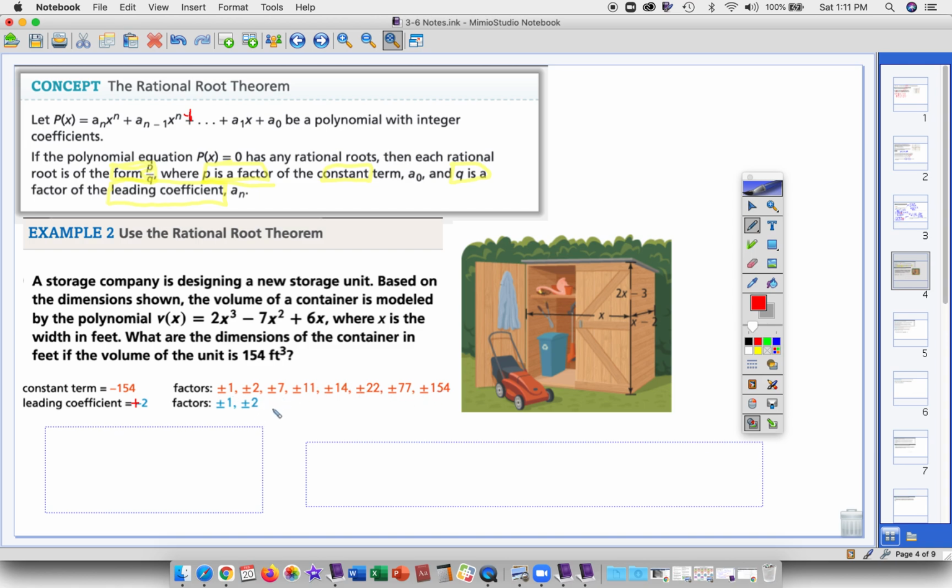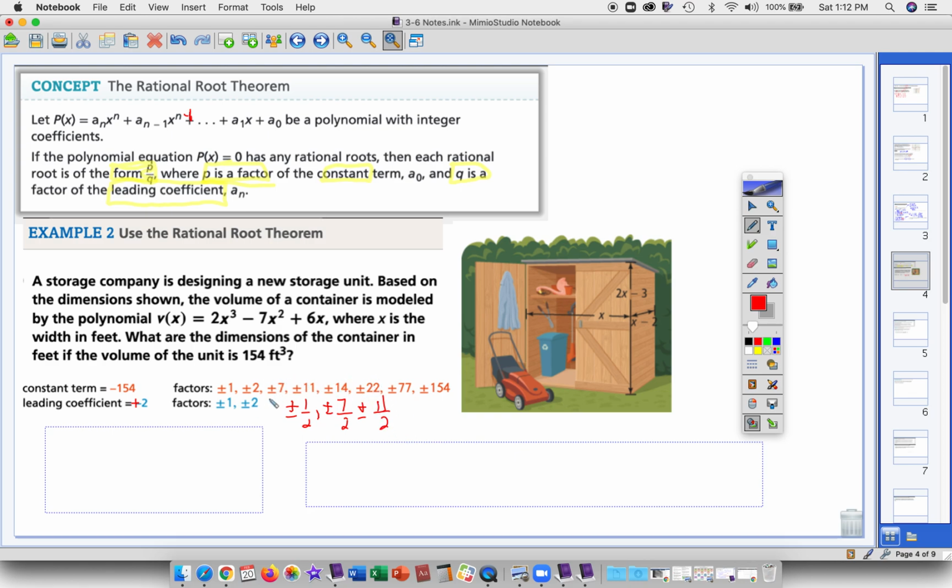So possible zeros would be all of these numbers that you see in this orange or reddish color, and including plus or minus a half, right? 2 over 2 is 1. We would also have plus or minus 7 halves, plus or minus 11 halves. 14 over 2 is 7, which we already have.